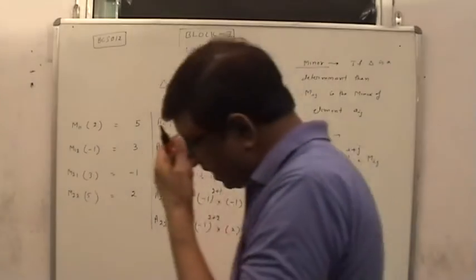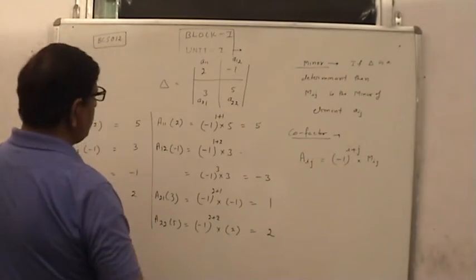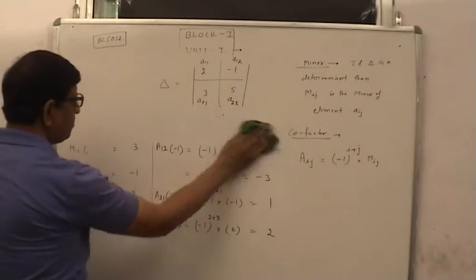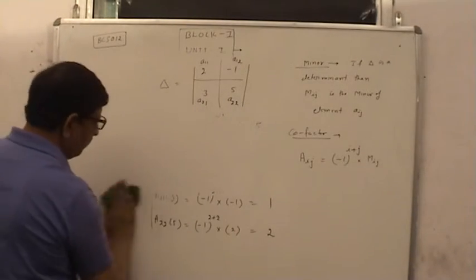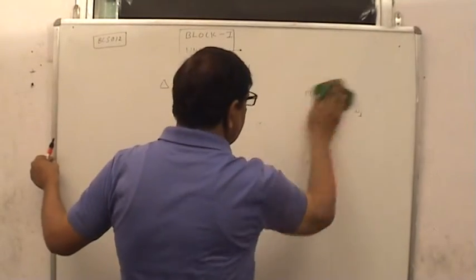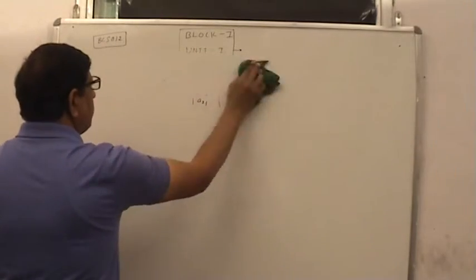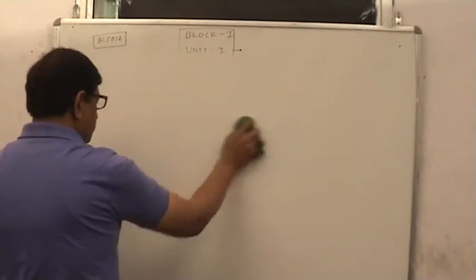Now we check this rule in a 3 by 3 determinant. Let us take an example of an order 3 determinant and then find its minors and cofactors.